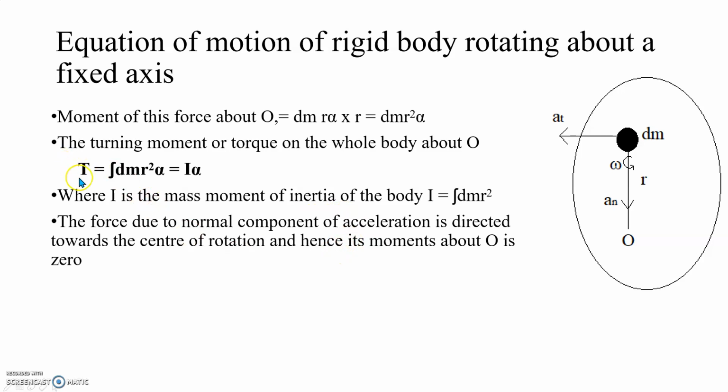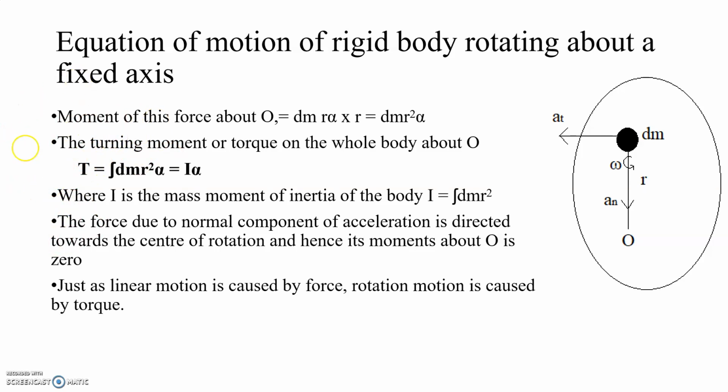We can see here torque T equals I into alpha. Torque is analogous to force in rectilinear motion. We have a similar relation in rectilinear motion, that is F equals ma. So just as linear motion is caused by force, rotational motion is caused by torque.